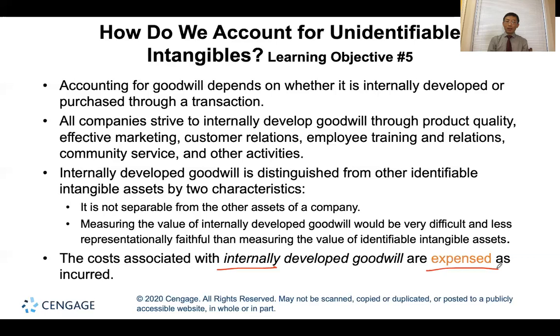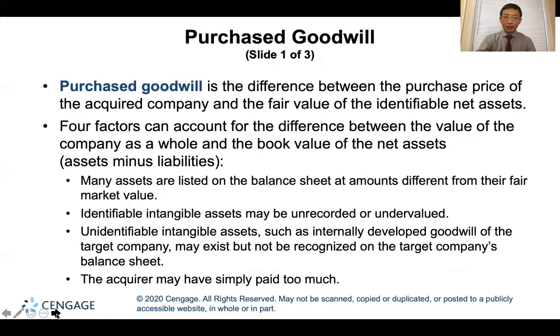But goodwill has some features. It cannot be separated from other assets, and the measurement is very difficult. So all internally developed goodwill is expensed as incurred.